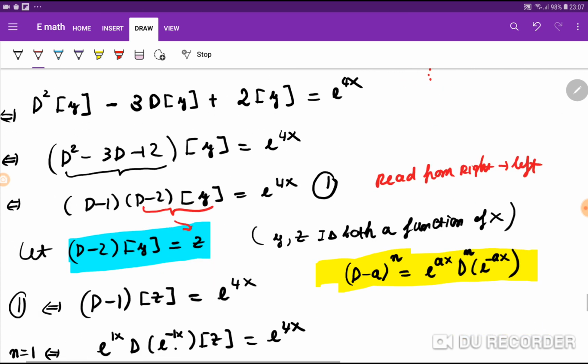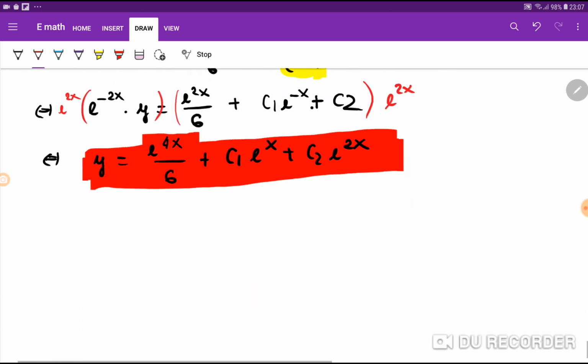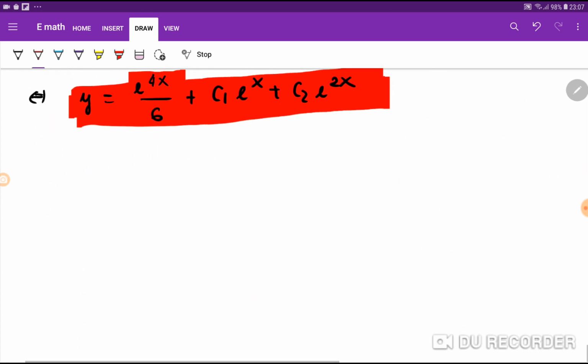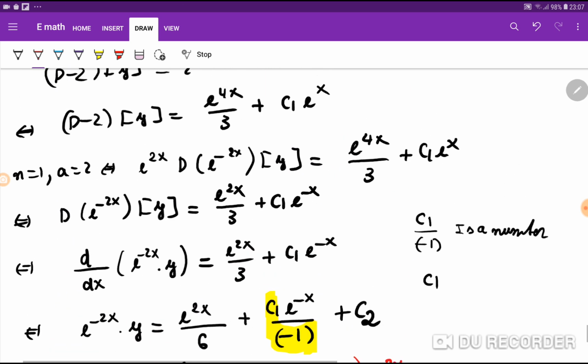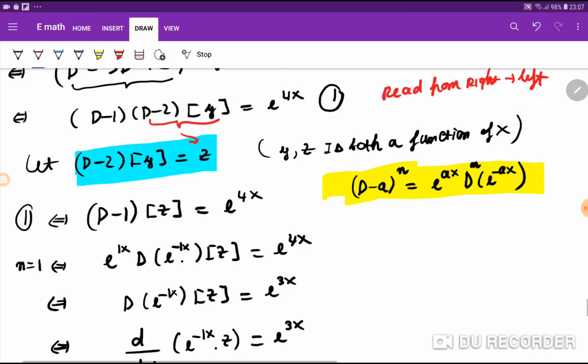I just met one of my friends, and I told them that there's a way to solve a differential equation by just integrating back. And this is that way I told you, derivative operators. You set equals z, and then you just keep integrating back.